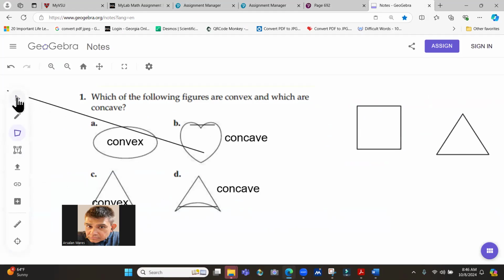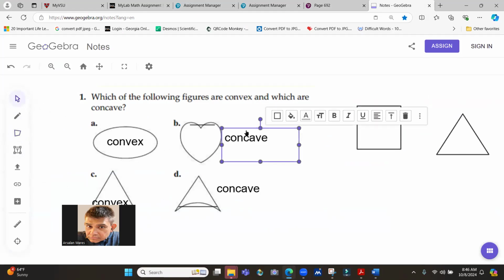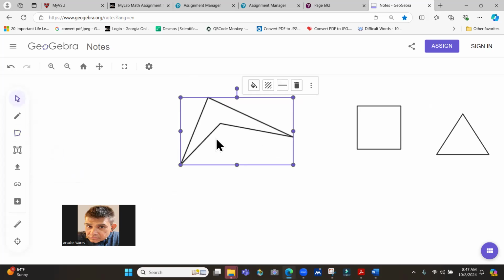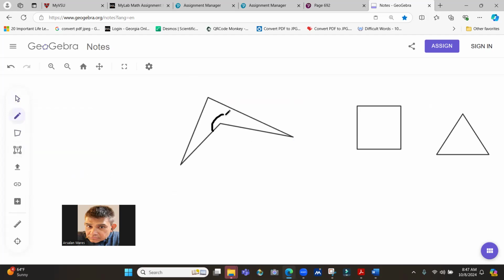Let me get rid of this whole problem. Okay, if you create a polygon with a dent, this is a dent, okay? It will never be regular because this angle will be bigger than these other angles.